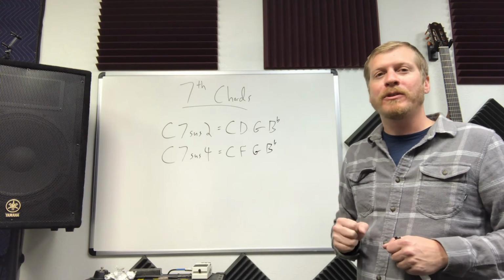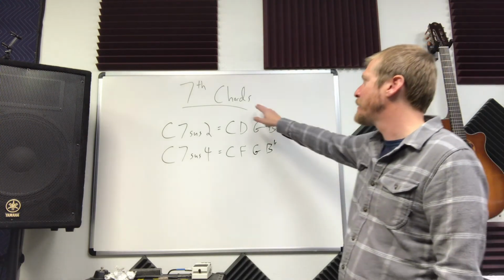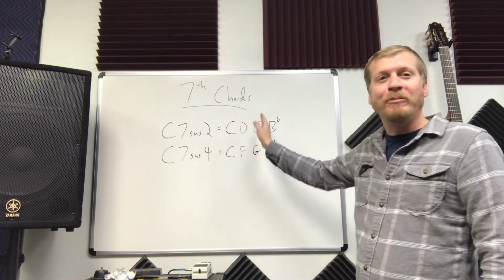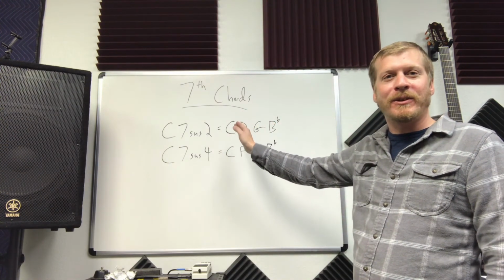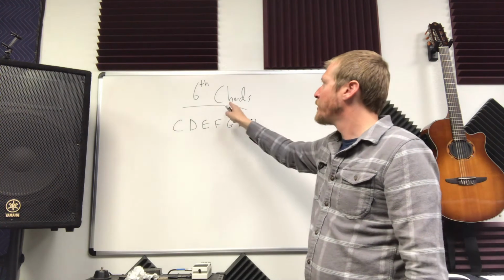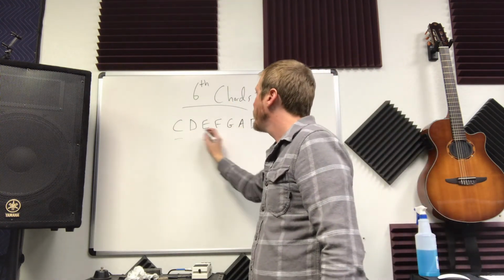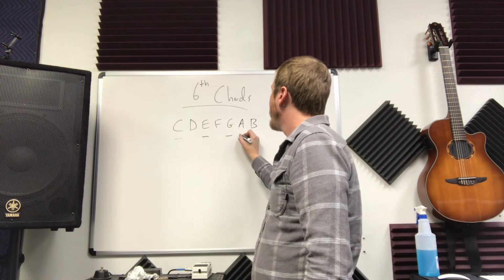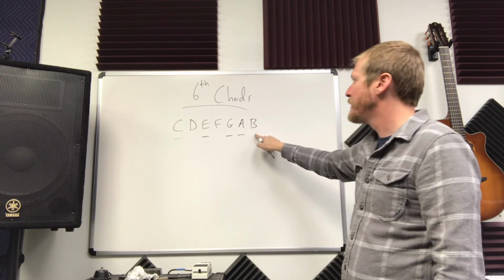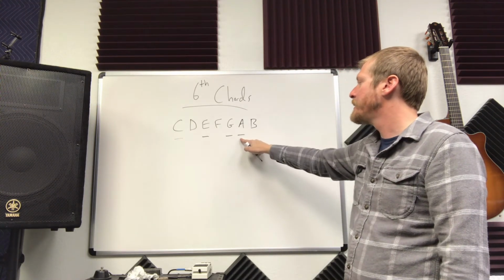But one more type of chord that we should talk about that kind of fits in the 7th chord category is actually a note before the 7th chord, which is known as the 6th chord. Okay, and so with 6th chords, what we're going to think about is we have the 1, the 3, the 5, and the 6th. Instead of going to the 7th, what we're actually going to do is play the 6th note there.